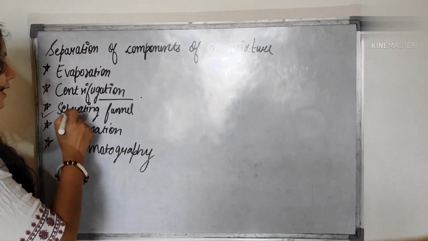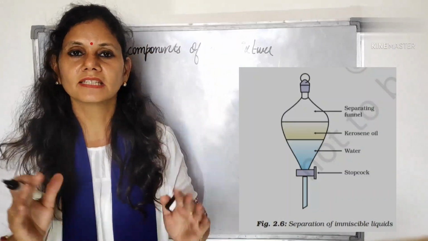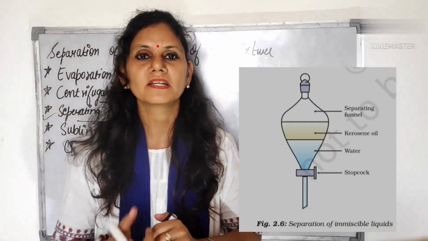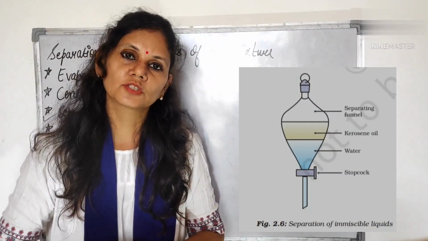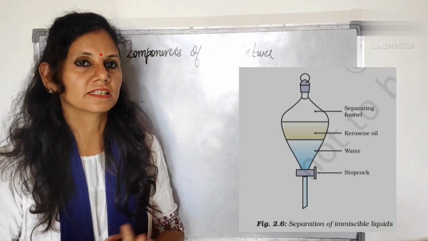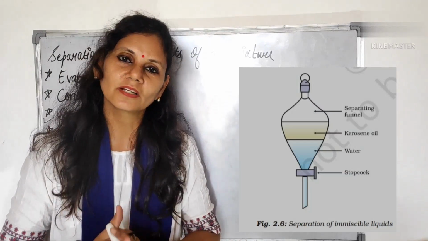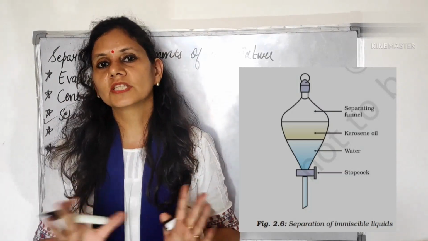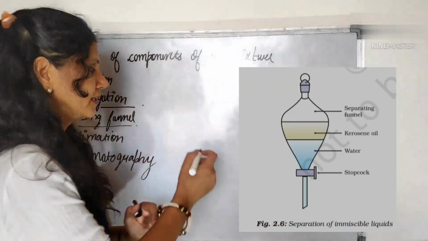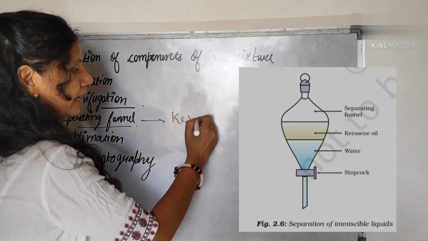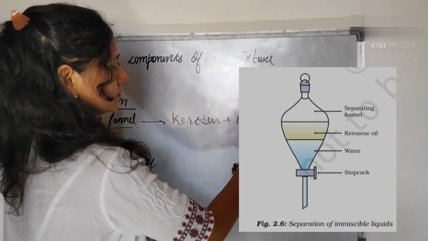Now the next technique is the separating funnel. A separating funnel is a type of funnel in which there is a tap, a stopcock, so we can stop the flow when we need to. It is used for two immiscible liquids, which are liquids that do not mix into each other, such as kerosene and water, petrol and water, or oil and water.